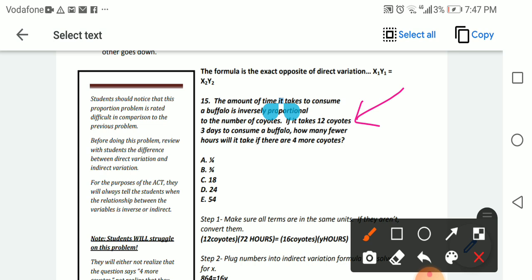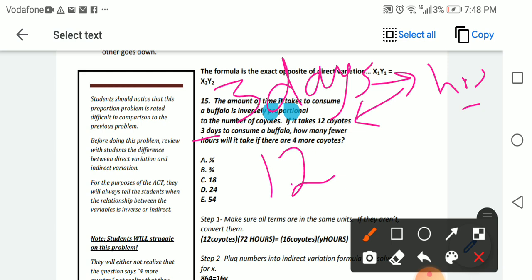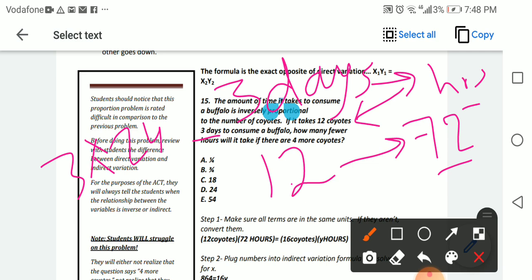If it takes 12 coyotes to consume a buffalo in 3 days, I will convert the days into hours. 3 days gives me 3 times 24, which is 72 hours. It takes them 72 hours to consume the buffalo, and I have 12 coyotes.